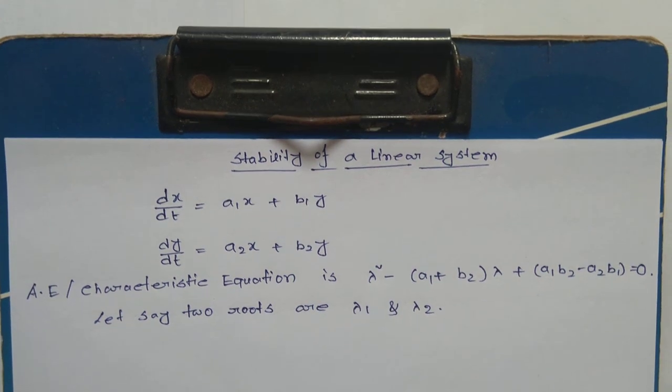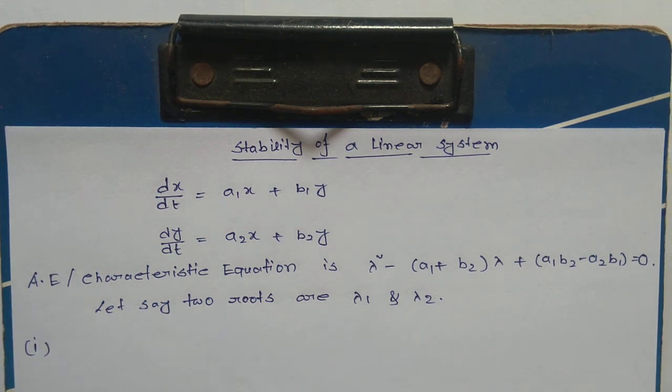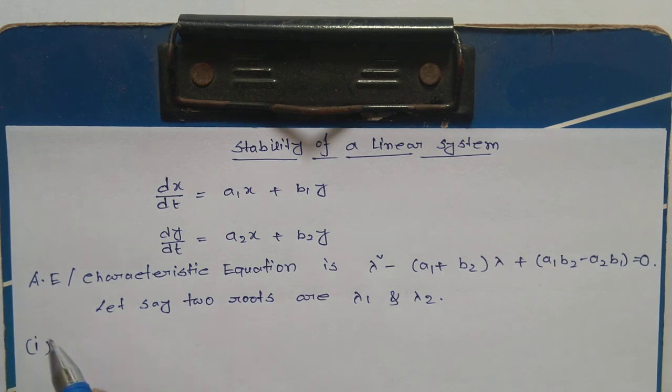Now, if the roots are real, distinct and the same sign, then (0,0) is a node.